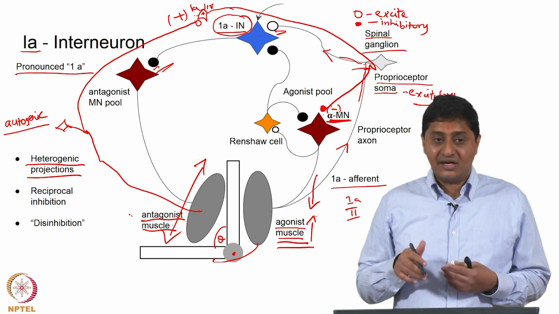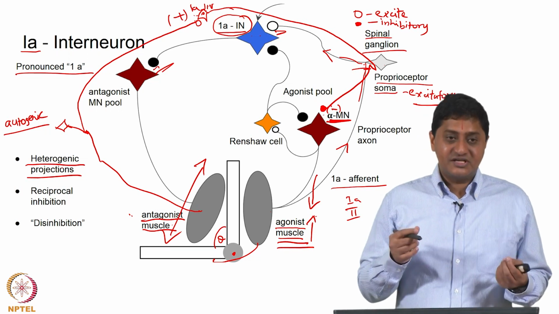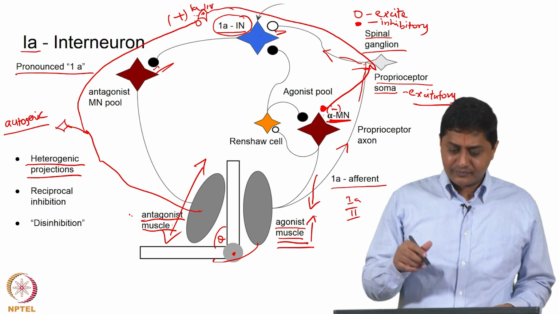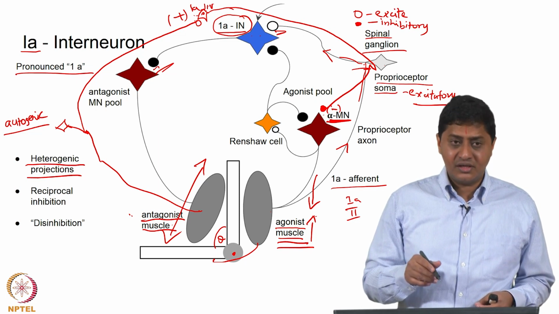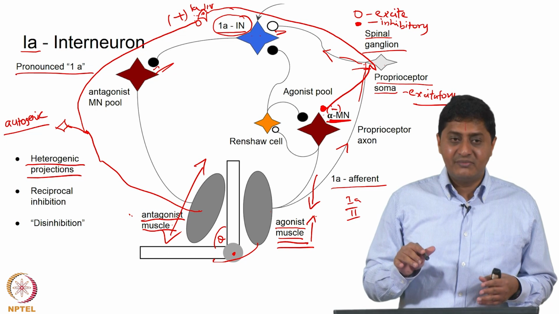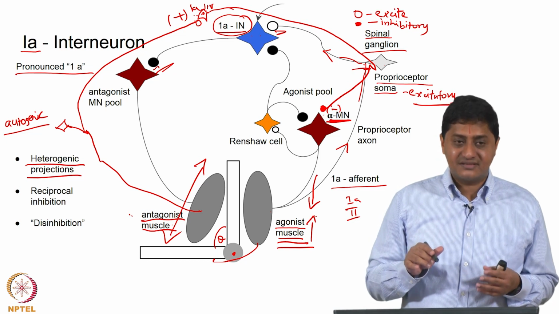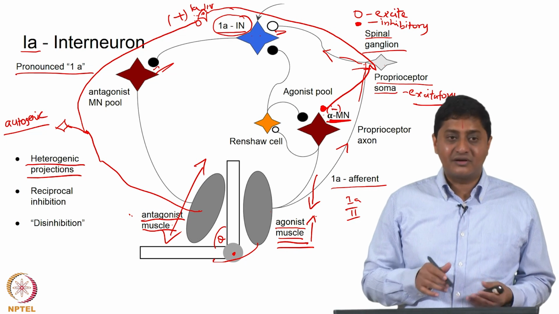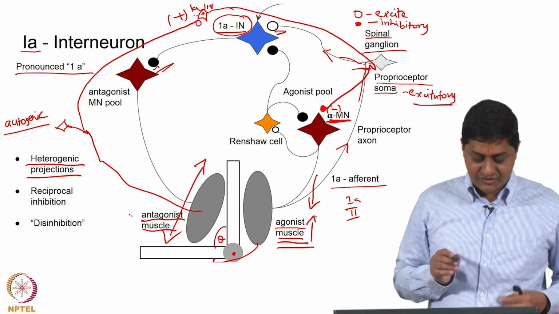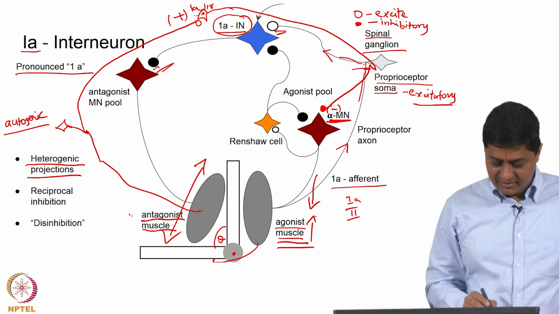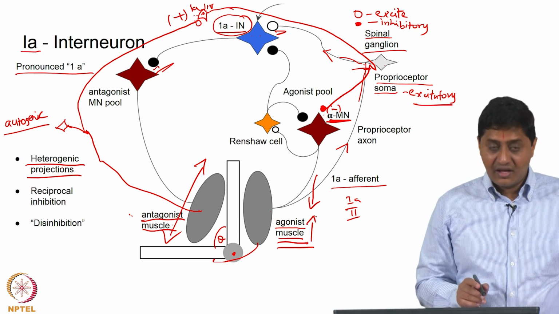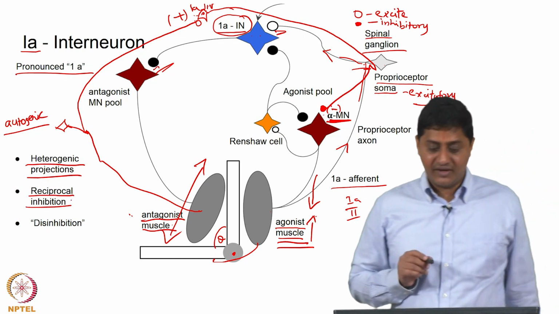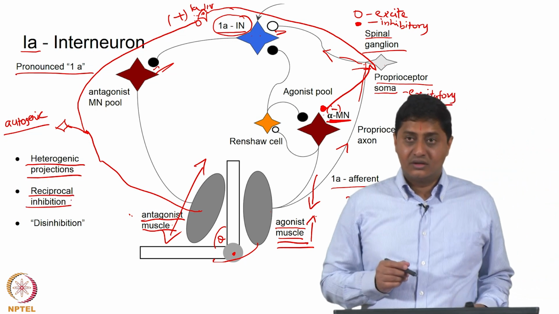Or if triceps is contracting, then biceps will get stretched and it will send inhibitory information through the 1A interneuron to reduce, minimize or balance the amount of contraction in the triceps. I do not want the triceps to keep contracting forever, so I want to minimize it. So there is this balance that is achieved between agonist and antagonist, with inhibition reciprocally between these two cases.